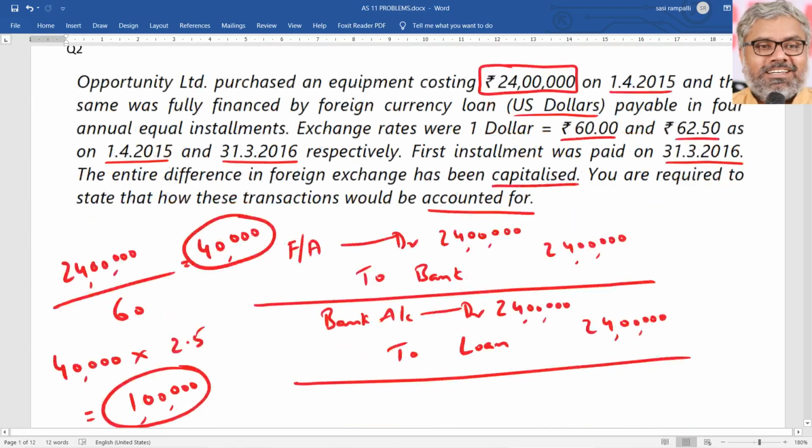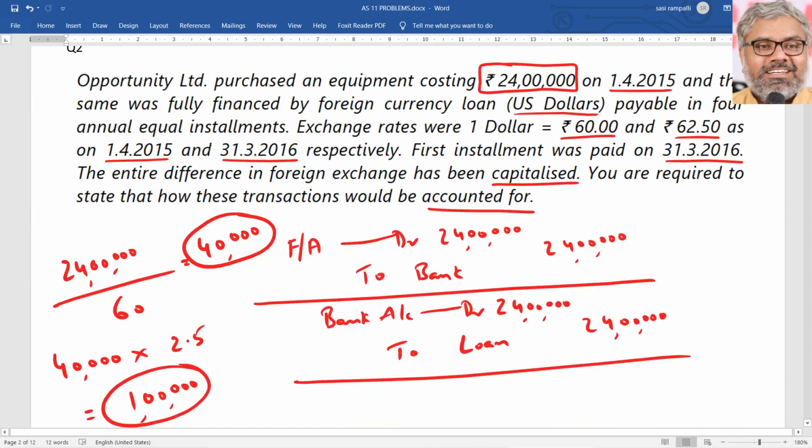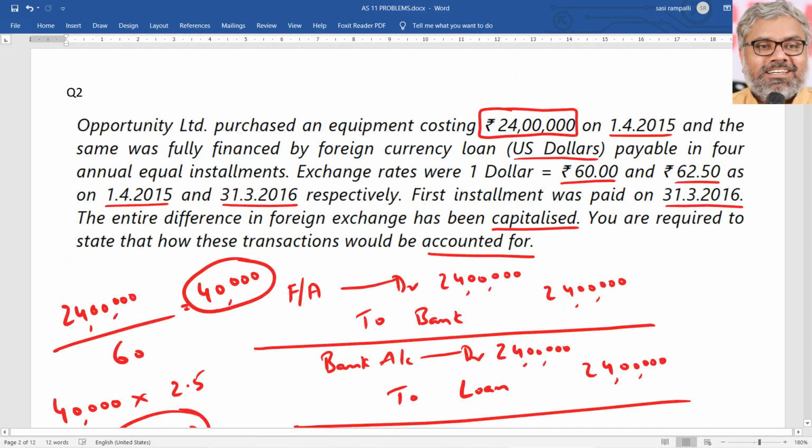But here there is a possibility of capitalizing it also, a possibility of charging it off to P&L account also, and even a possibility of transferring to FCMITDA is also there, because it is not just a 1 year loan, it is 4 equal annual installments. 3 choices are there for Opportunity Limited. 1 lakh rupees can be charged off to P&L as loss, or 1 lakh rupees can be added to fixed assets, or 1 lakh rupees can be debited to FCMITDA account and amortized over the period of 4 years, 25,000 each, like that.